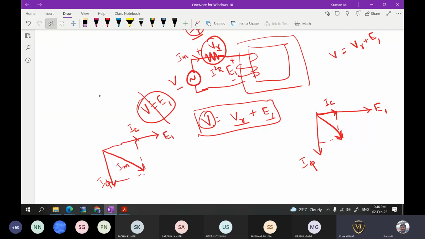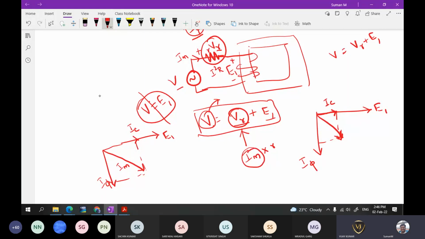Now we want to represent this V. V is nothing but VR plus E1. This VR can be written as IM into R, where R is the resistance of this particular winding. This IM is the current flowing through this resistor.